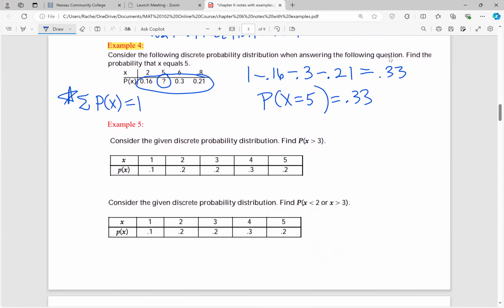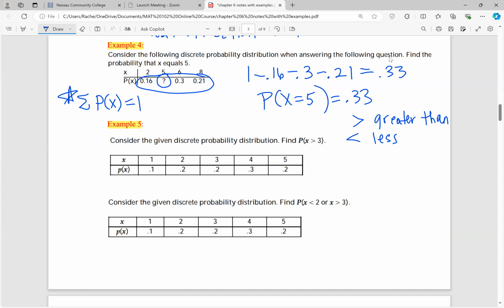So let's answer the next question. So example 5. So again, I gave you a discrete probability distribution, and this really I just want to practice finding probabilities. So let's find the probability that x is greater than 3. And just a quick reminder, this is greater than, and then this guy is less than.